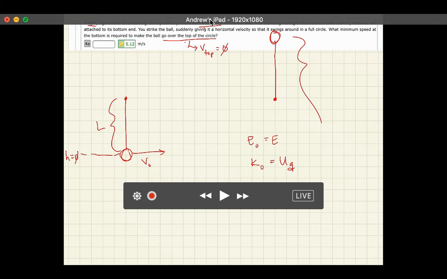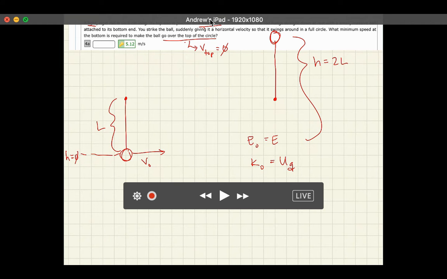Then my final height is going to be equal to 2 times the length of the rod. So then it's just 1/2 times the mass of the ball times its initial velocity squared equals the mass of the ball times g times the height at the end.